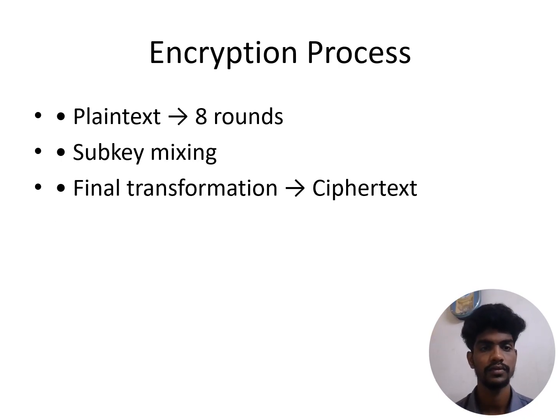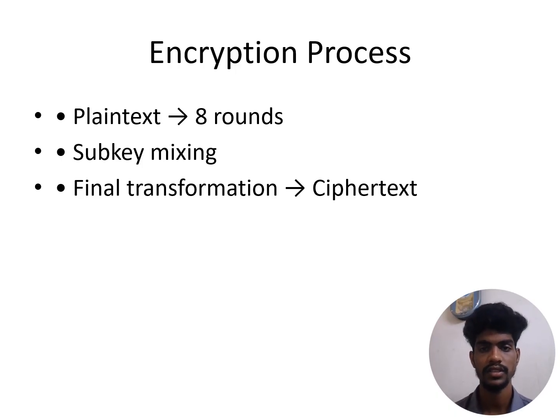Encryption process. During encryption, plain text enters the first round where it is mixed with subkeys using the 3 core operations, which are XOR, addition, and multiplication, as we've seen in the previous slide.